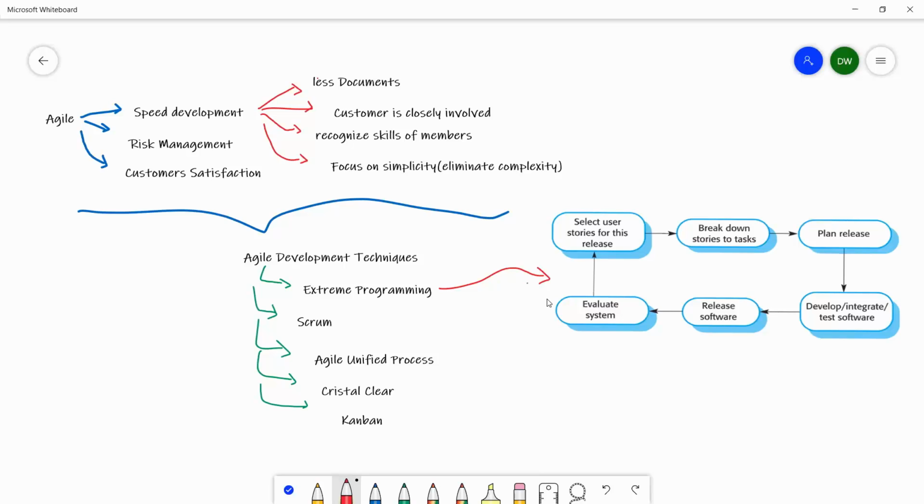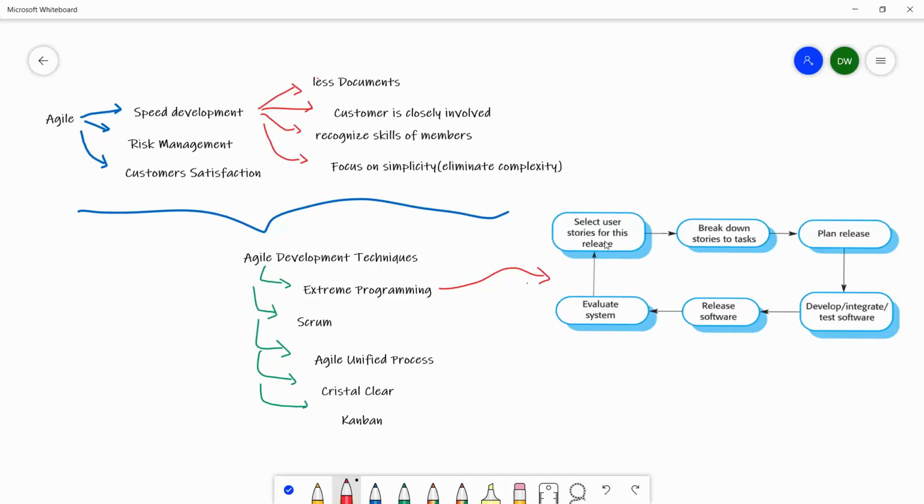At the end, we have to cover all those tasks, but when a customer explains that to you, it looks like a story, right? The customer will explain the whole story about the system they want to develop. So when you are doing extreme programming, you divide it into smaller tasks. That's why they say break down stories into tasks.